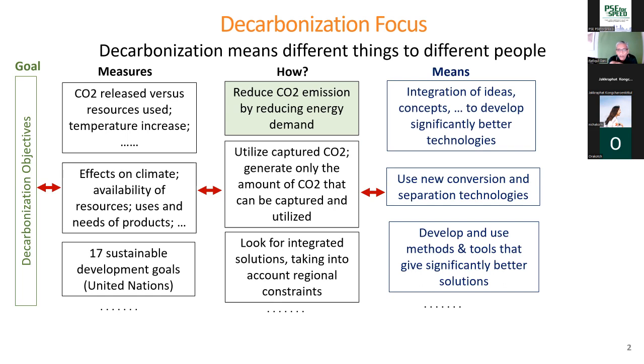And what are the means to achieve them? One of the things that we will show in this workshop is the integration of ideas, concepts to develop significantly better technologies, use new conversion and separation technologies, develop and use methods and tools that give significantly better solutions, and again, many more.